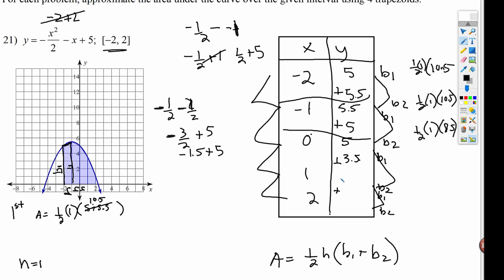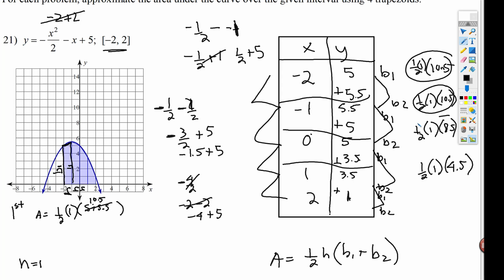And then we have 3.5 again. And then we plug 2 in there. So now we have negative 4 over 2, which is negative 2, subtract 2, which is negative 4, plus 5. So we're at a height of 1. So for the final trapezoid, we have 1/2 times the height times 3.5 plus 1, which is 4.5.